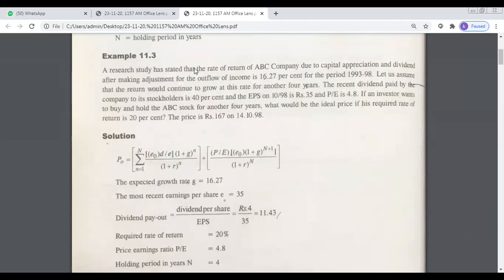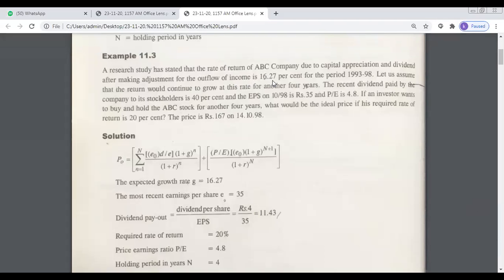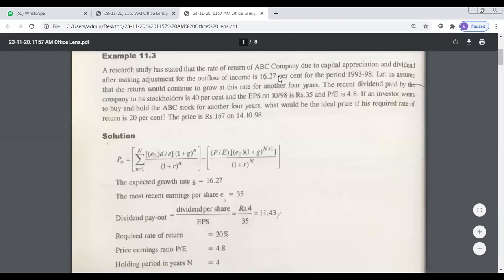Okay, so here there is a firm. The research study has stated that the return of ABC company due to capital appreciation and dividend, after making adjustments for the outflow of income, is 16%. Indirectly, this is the growth, because understand the words.